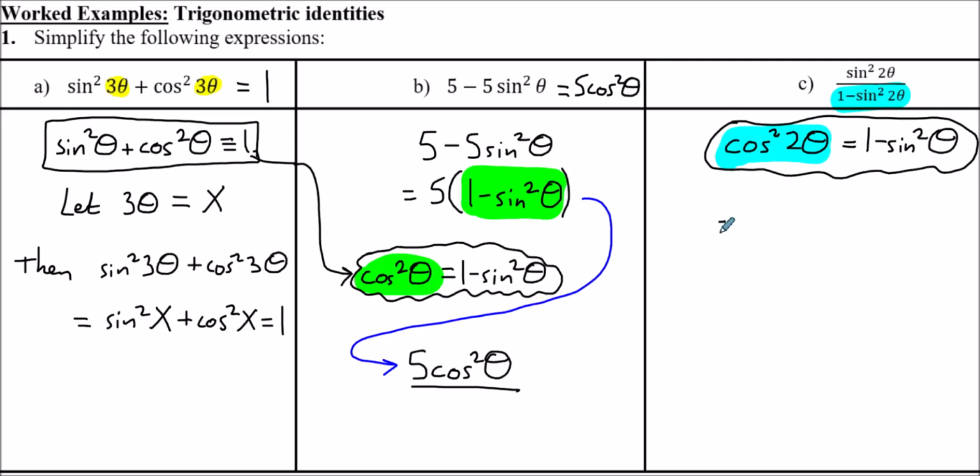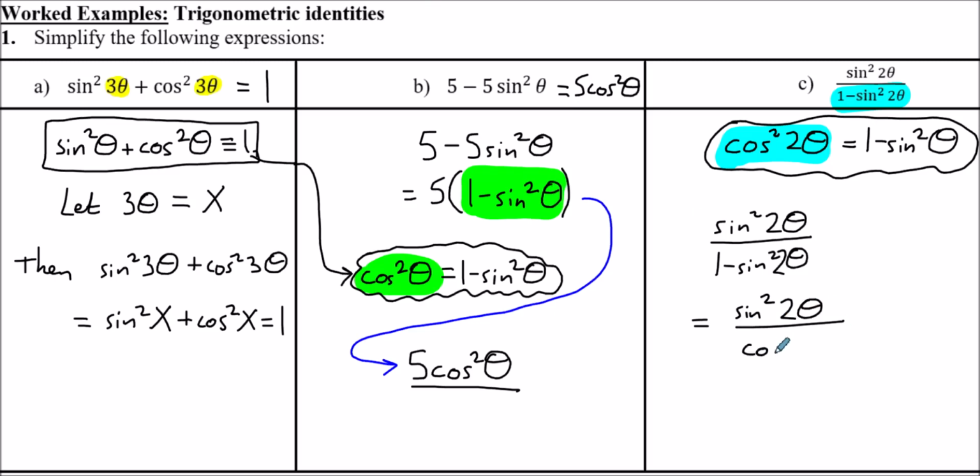And so sin squared 2θ all over 1 minus sin squared of 2θ, that's the same as sin squared 2θ all over cos squared 2θ. Keep trying to write θ rather than 2θ for some strange reason.